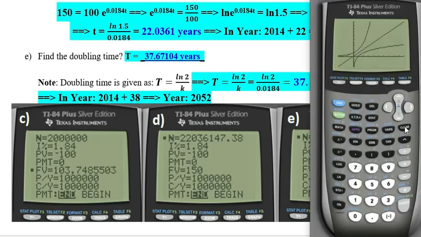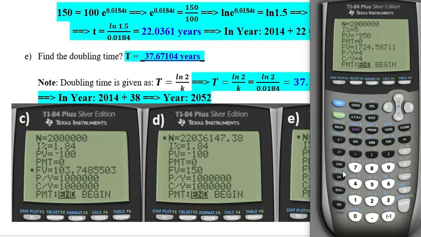And here it is. And this clear. So go to App, Finance, TVM Solver. So the first one, N is 2 years, 2 times 1 million, that is 2 million.